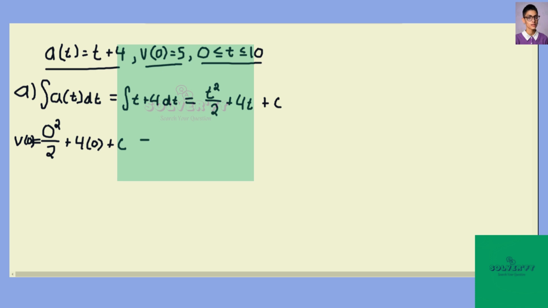So this will all end up equaling c. And since we know that at time 0, velocity is equal to 5, c will end up equaling 5.